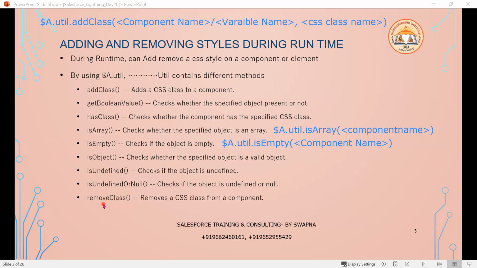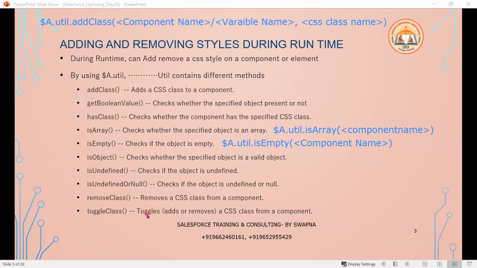And the next one is removeClass. Here we are adding a class; addClass has 2 parameters. In case you want to remove the CSS, instead of addClass just use removeClass, and 2 parameters have to be passed. And the last one is toggleClass.